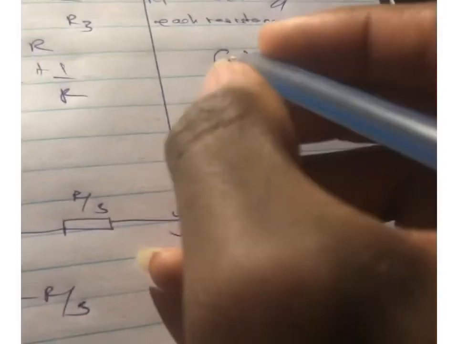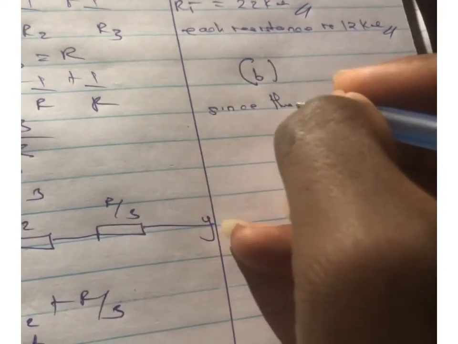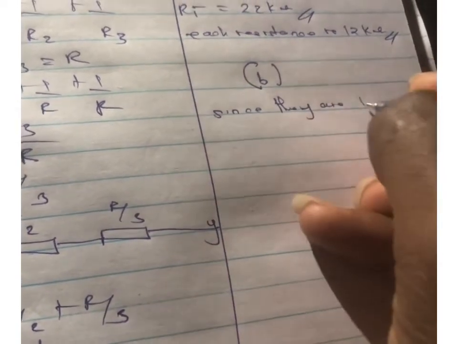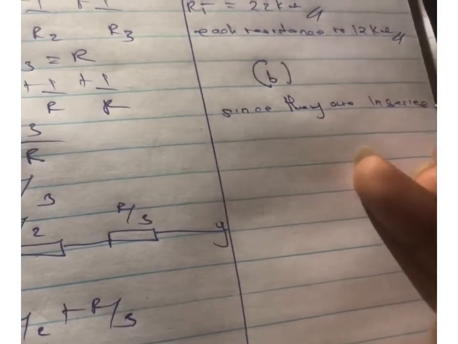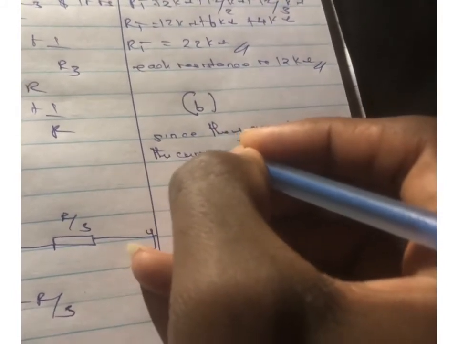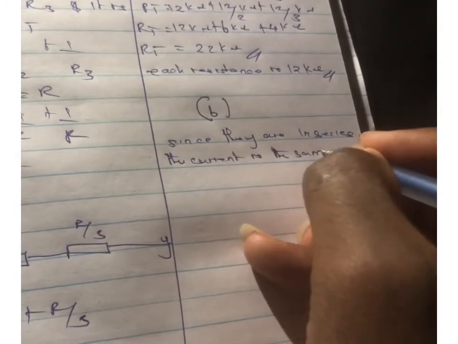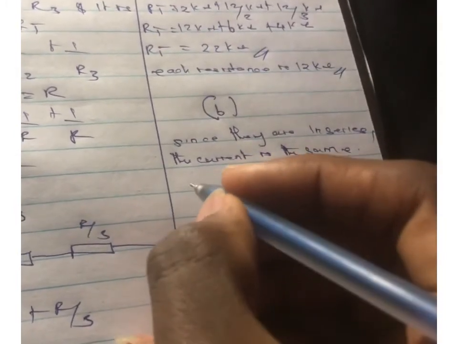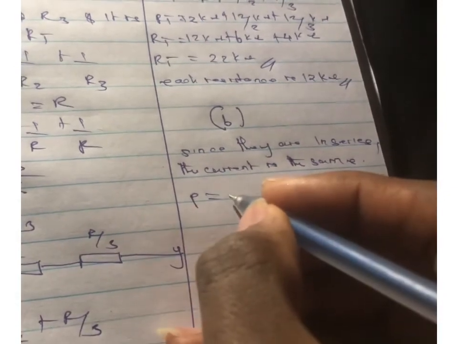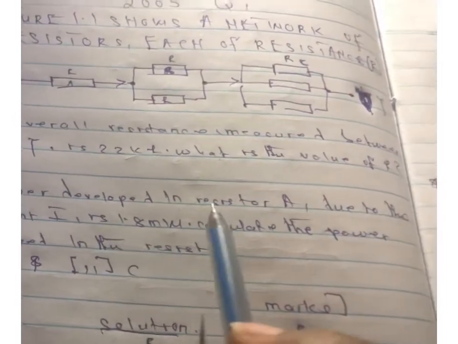Since they are in series, the current is the same. So now, since the current is the same, we know that power is I squared R.